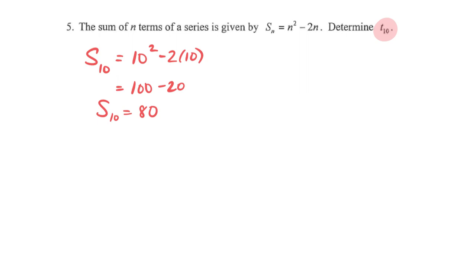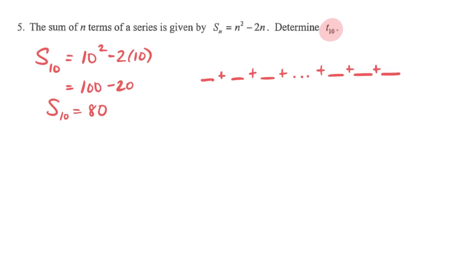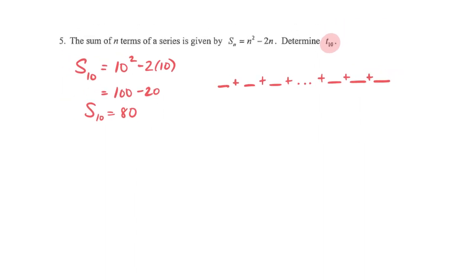If I was to write out that series, I'd have term 1 plus term 2 plus term 3 plus ... plus term 8 plus term 9 plus term 10. If I added that whole thing up, then I know that equals 80. Maybe that doesn't help us very much.